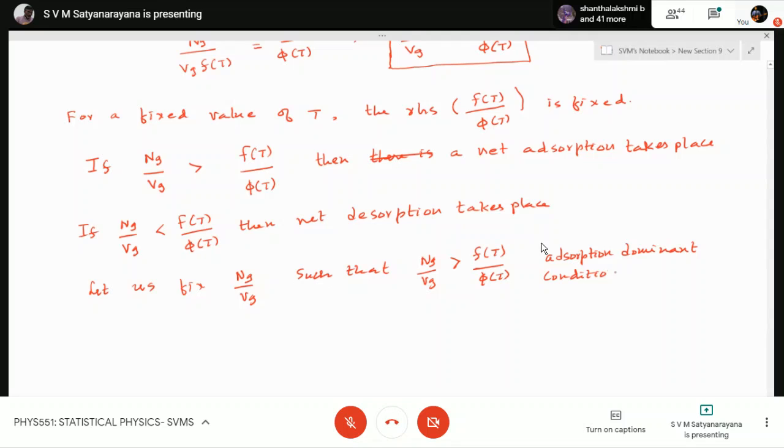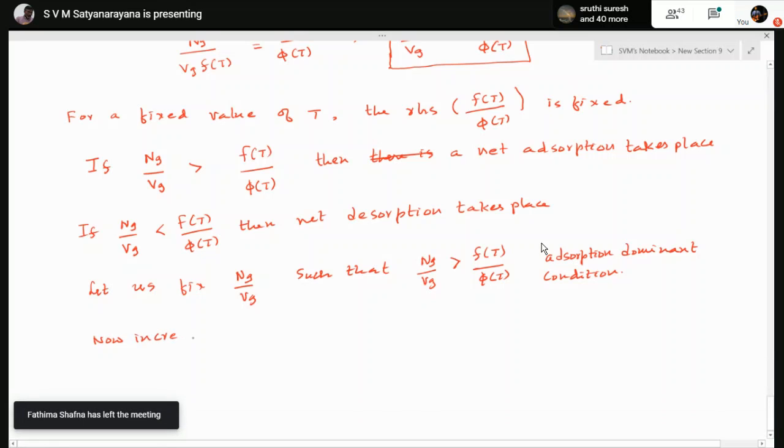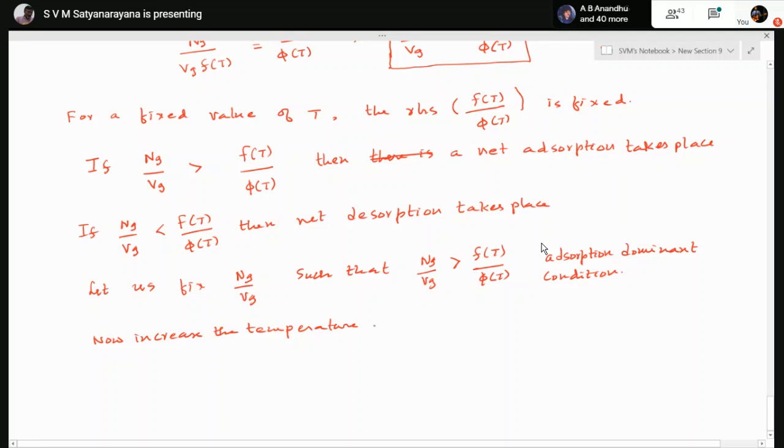Now let's say that you increase the temperature. As you increase the temperature, this factor f of T by phi of T increases.